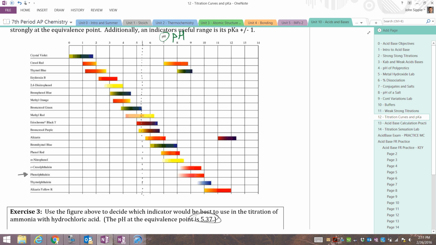All right, so one of the things that we could use, like, you know how we always do that strong acid, strong base lab, where we're mixing NaOH and HCl and you've got to bring a neutral solution together, okay? We always use phenolphthalein, right? If you look at phenolphthalein, it changes color right around 8, right?